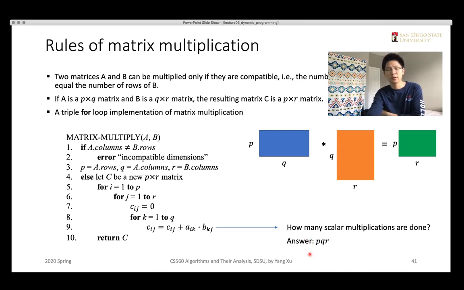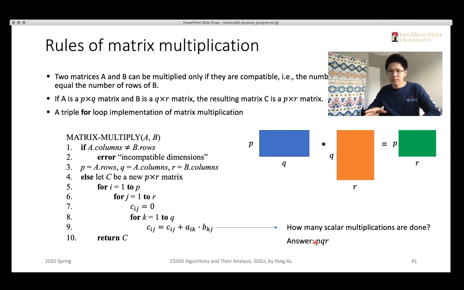This is very useful information, because whenever you are given two matrices, and I'm telling you that the first one is P by Q, A is P by Q, and B is Q by R, you can immediately tell that the cost of computing A times B is P times Q times R. And done.